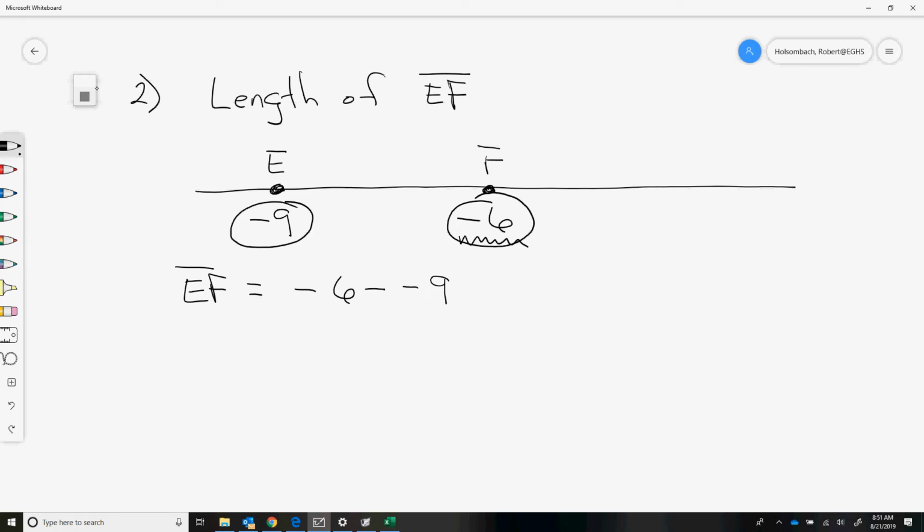So -6 minus -9. Okay, I don't know what you guys were taught when you're subtracting negatives, but you can either type this into your calculator or you can keep change, which turns into -6 plus 9, which is +3. So the length of EF is 3.